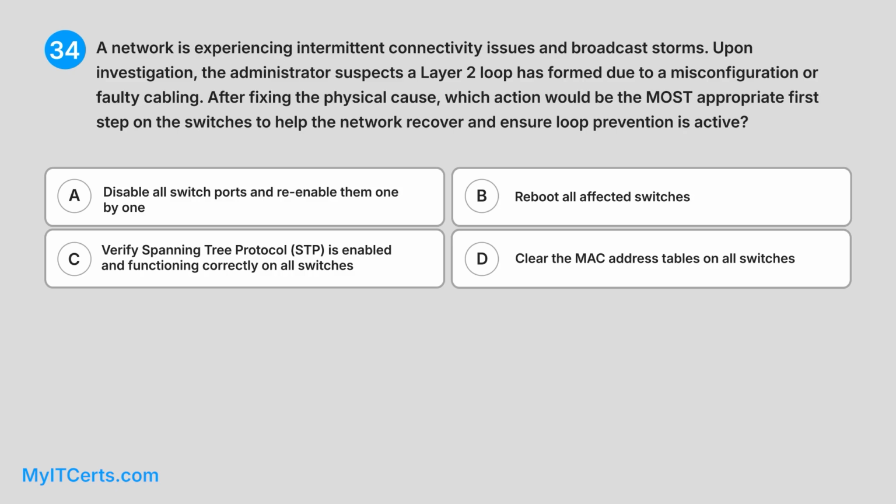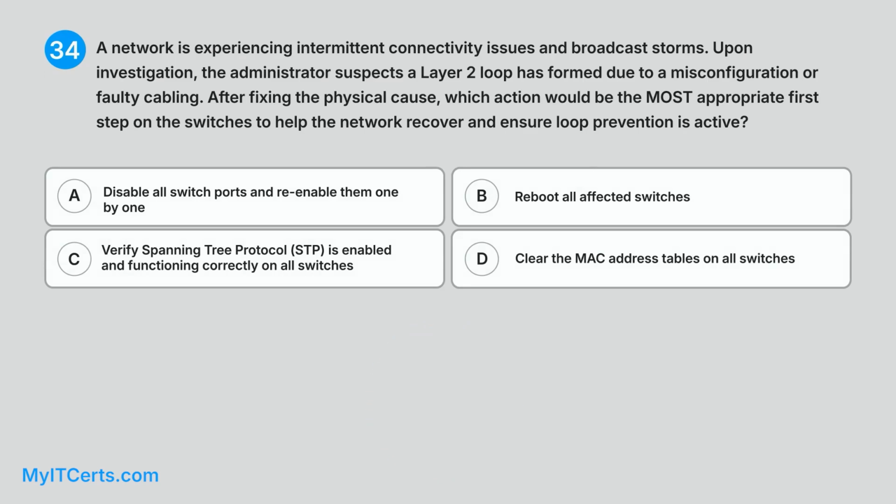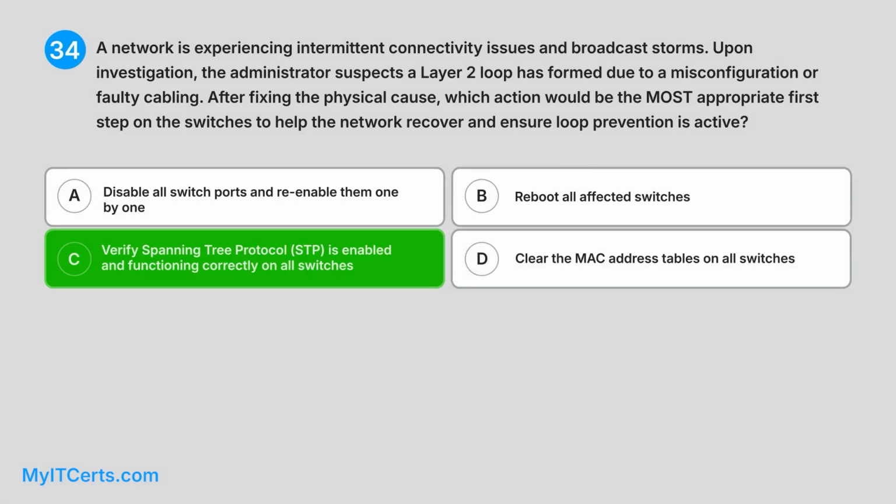A. Disable all switch ports and re-enable them one by one. B. Reboot all affected switches. C. Verify Spanning Tree Protocol, STP, is enabled and functioning correctly on all switches. D. Clear the MAC address tables on all switches.